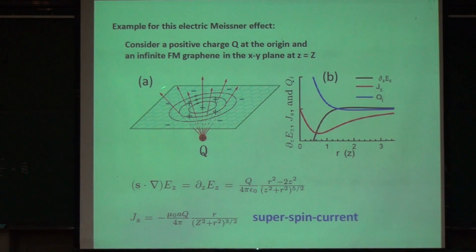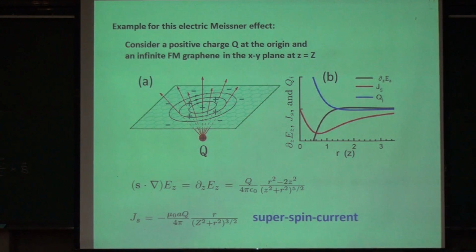And we look at one example of this. Suppose you have a ferromagnetic graphene, which gives you a spin superconductor. You put a charge somewhere nearby this ferromagnetic graphene, and the presence of this charge will create an electric field on the ferromagnetic graphene, right?